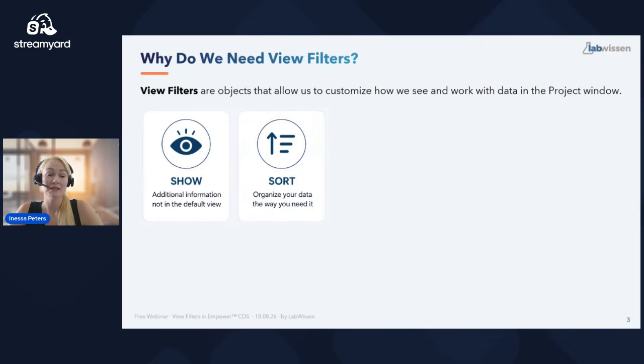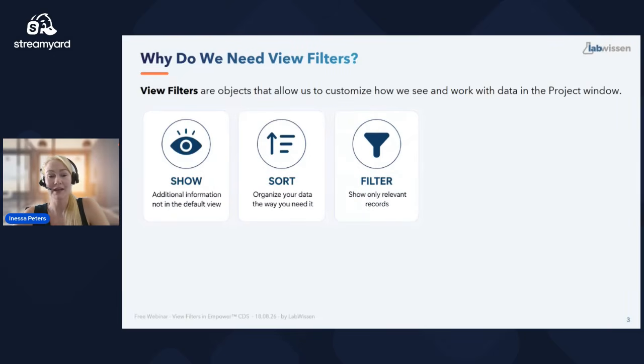We can sort and organize our data the way we need it. For example, we want to sort by date, or we want to sort by name, or anything else. We can also filter our data, so we show only the relevant records and also search for them.